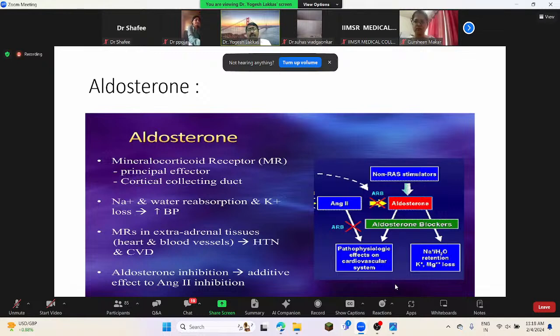Now, these two newer mechanisms we discussed. Again, we'll go back to some of the age-old molecules that we have. Aldosterone is the most important aspect in the RAS pathway that we know. It also acts at the pituitary level in secreting ADH, and that can cause increased sodium retention and water retention, leading to the hypertensive effect.